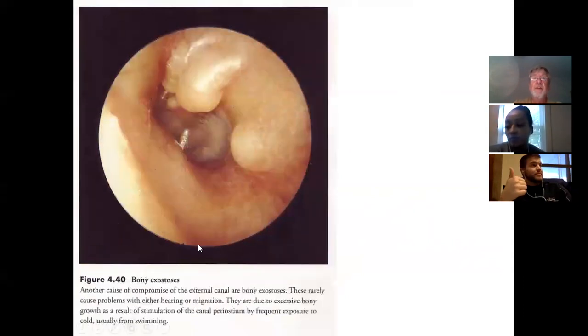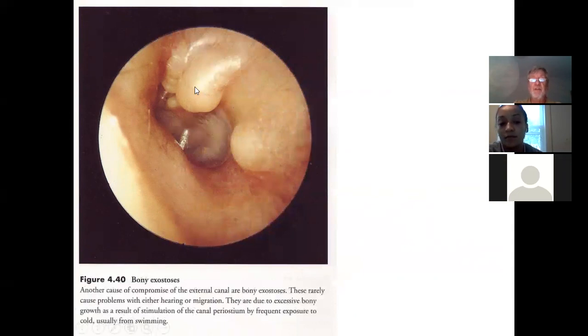Cool. Look at this, bony exostoses. These are like bony tumors. Now this is called swimmer's ear. Women get this more than men. Women can tolerate swimming in colder water than men can. Women have an extra layer of fat underneath their skin.